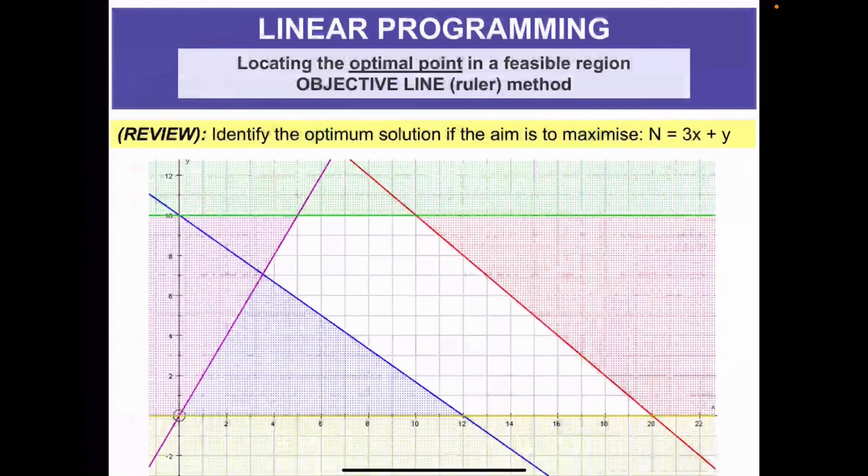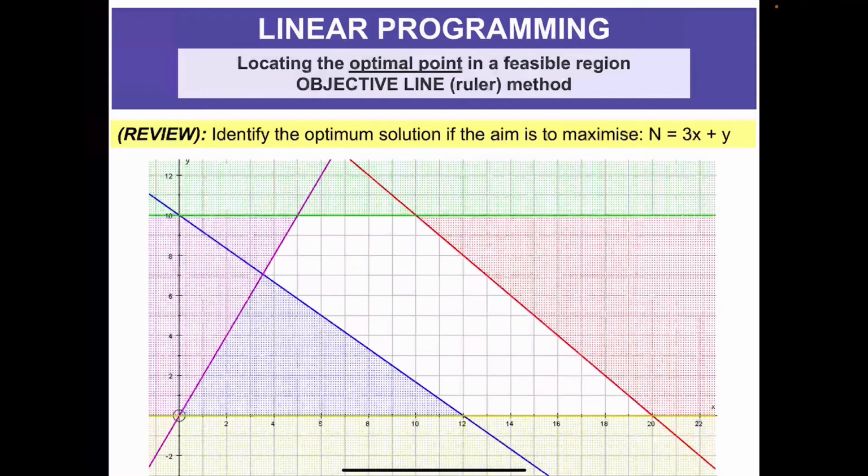The next point, what I want to look at quickly, just to review, is how to use the objective line or ruler method to locate the optimal point. If I want to maximize 3x plus y, that's my objective function.